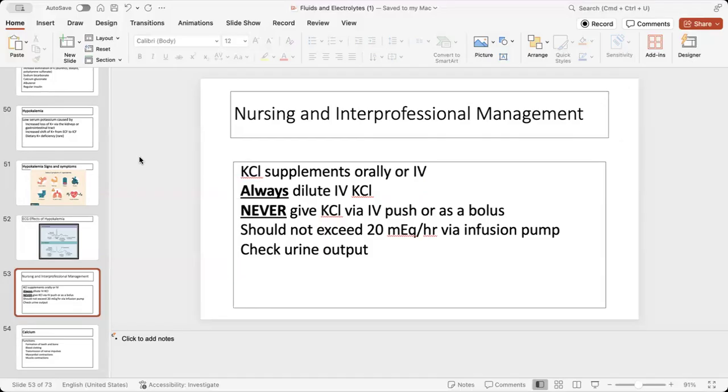IV push? Never. Never as a bolus, right? Never gravity. You're going to put it on a pump. What else are you going to check before you give potassium? Urine output, right? We want to make sure we have good urine output. What is a normal urine output per hour for an adult? At least 30, right? Okay, good.